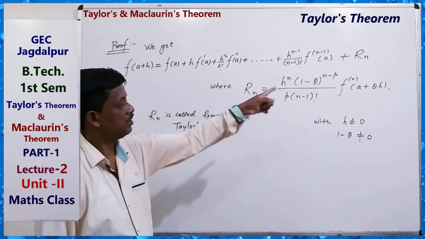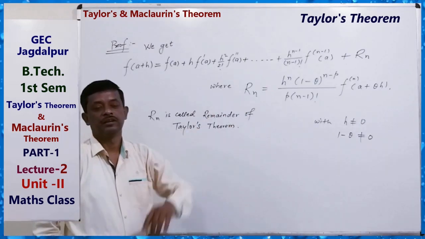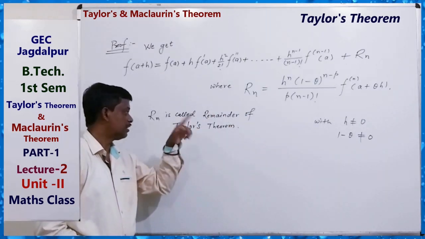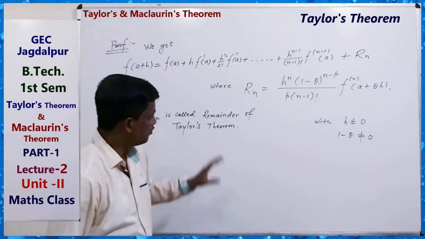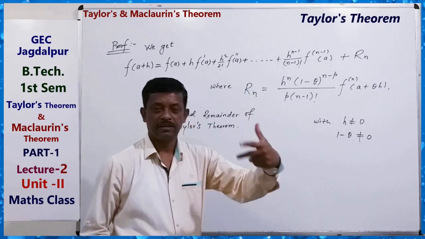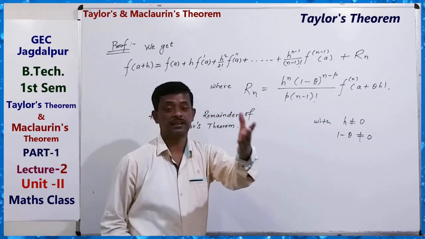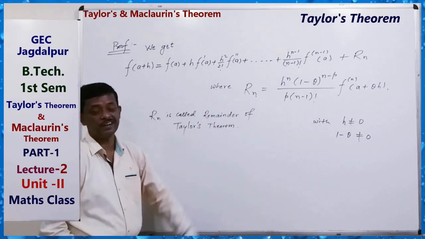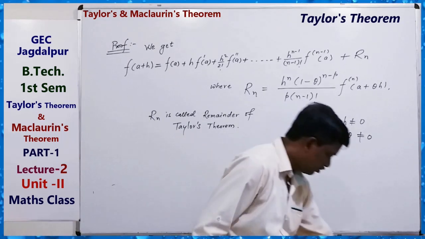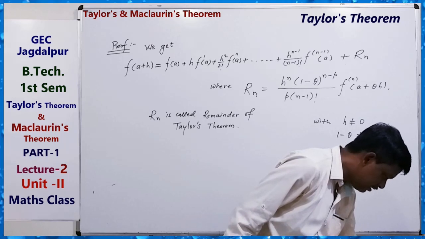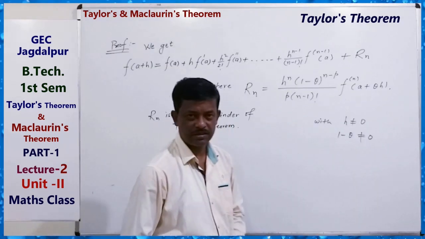This is the proof of Taylor's theorem, and also this is Taylor's theorem where Rn is called the remainder of Taylor's theorem. Remainders are given by different mathematicians like Cauchy, Lagrange, and another name is Schlömilch and Roche.